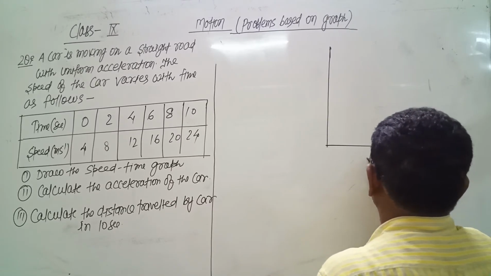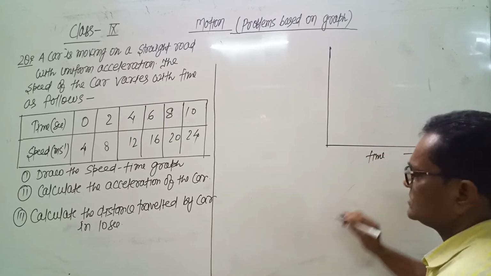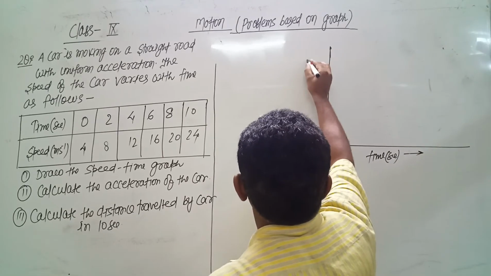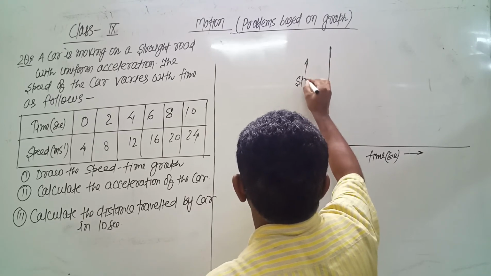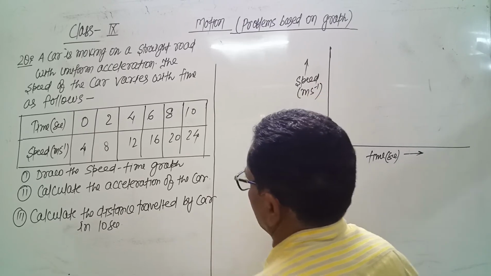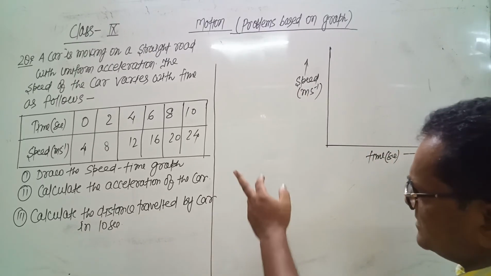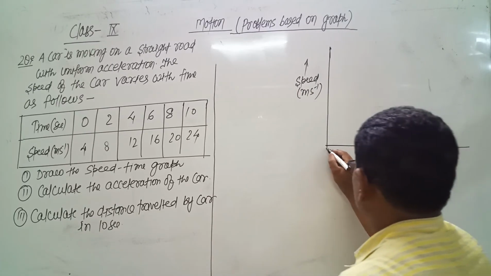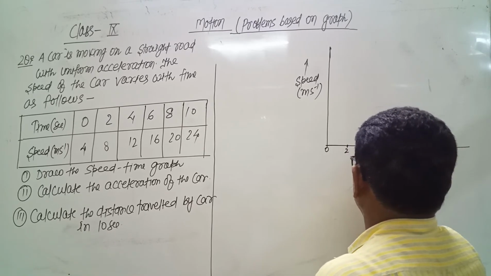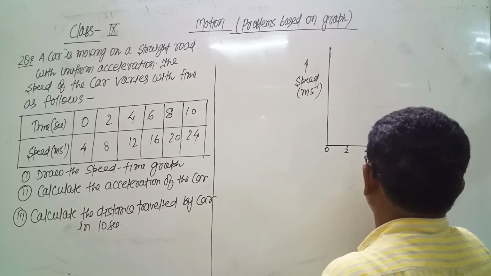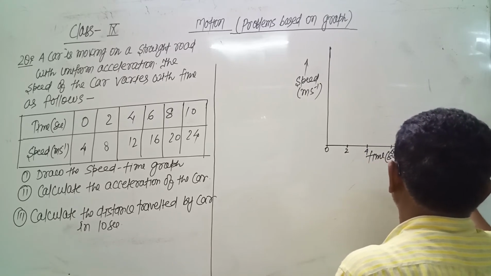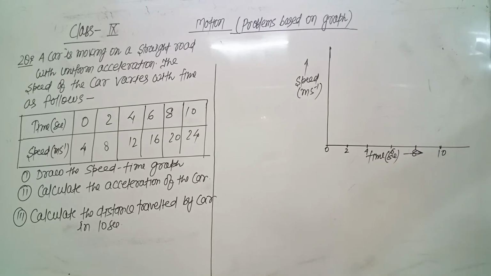Time taken on x-axis and time is in second, and speed taken on y-axis and the speed is given in meter per second. So the time is from 0 to 10. So 0, 2 seconds, 4 seconds, 6 seconds, 8 seconds, and this is 10 seconds.